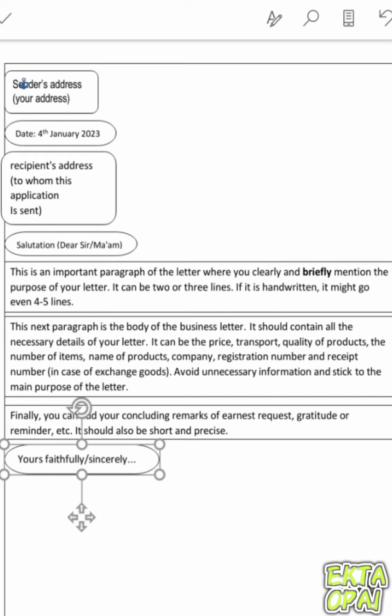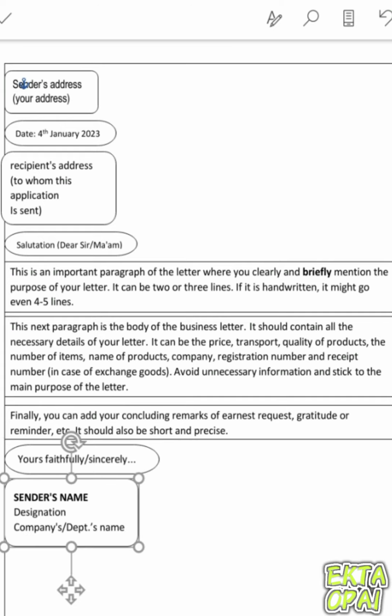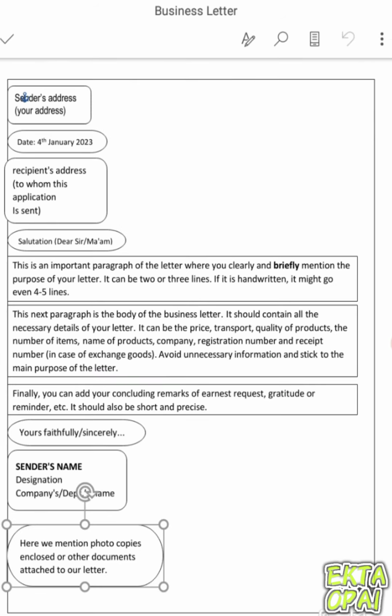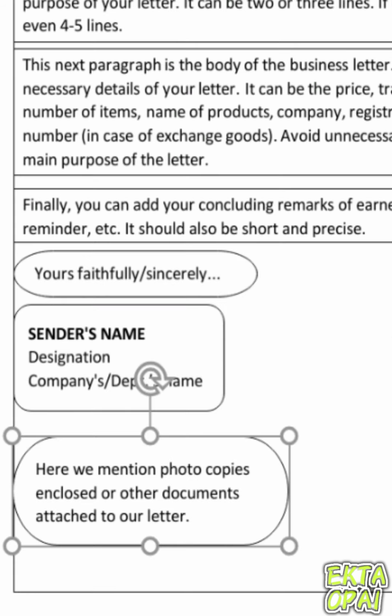Then comes yours faithfully or sincerely, followed by the sender's name and signature, designation and company, department's name. Sometimes the business letters require some Xerox or carbon copies or even original receipt attached to it for proof. So in such cases, we should mention the documents copies attached at the end.